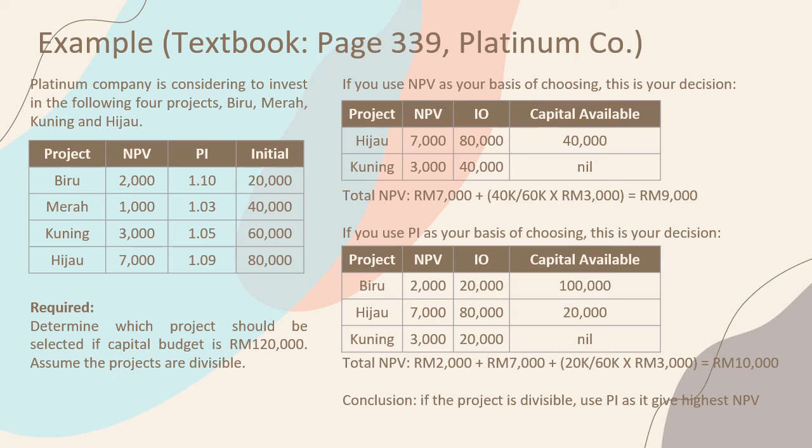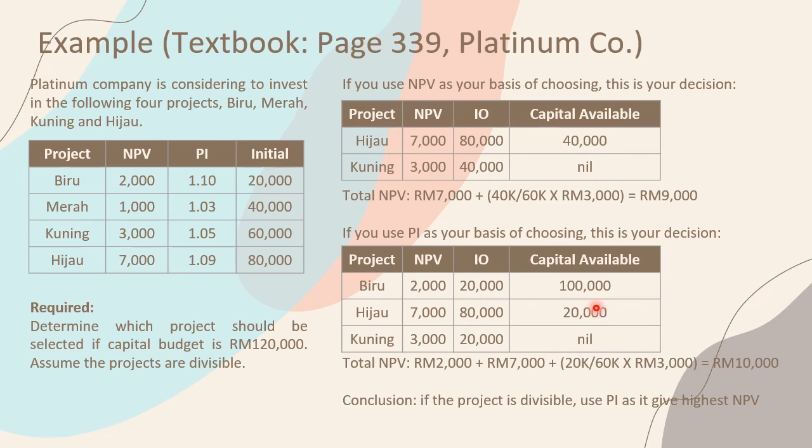Okay, however, now if I use PI as my basis of choosing, I choose project biru first because it gives me the highest PI, profitability index. So I take biru first with the initial outlay of 20,000.